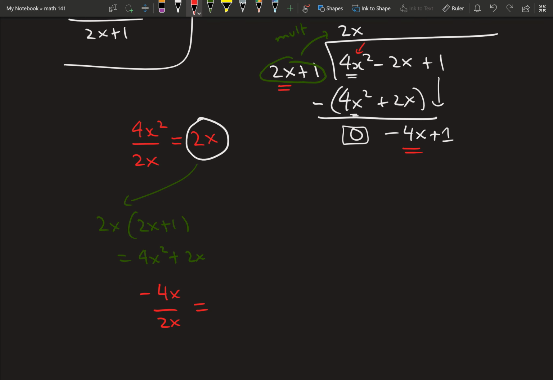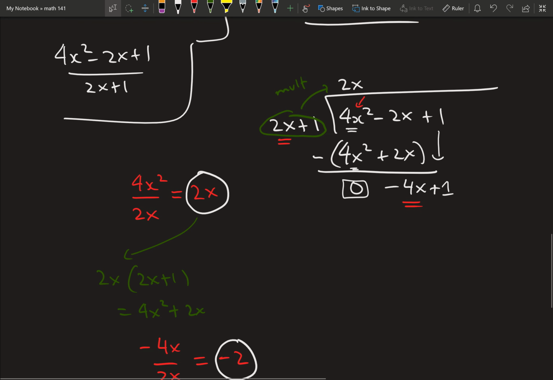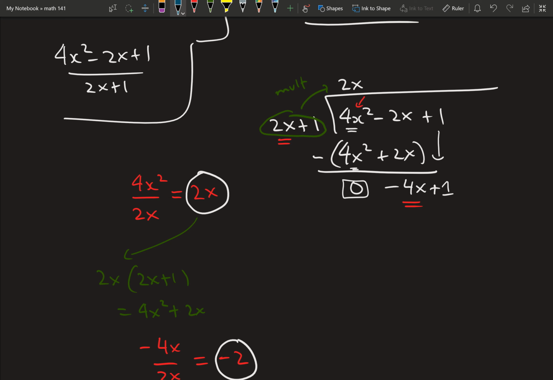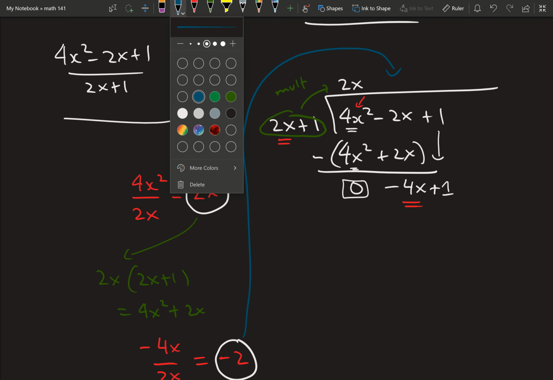What do we get? We get negative 2 overall. So this negative 2 is what we're going to place up here. Let me use a different color for that, just to indicate that we're going to place it right here.